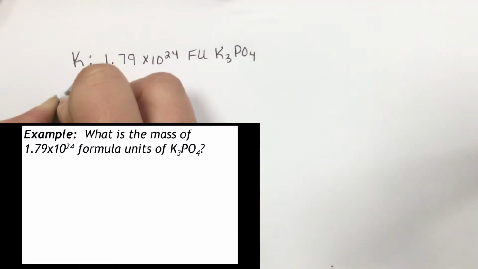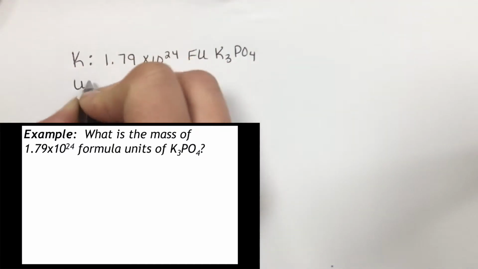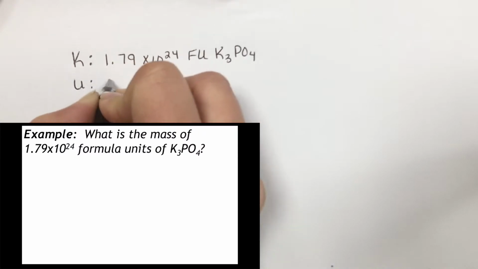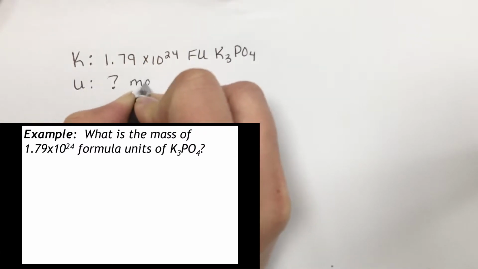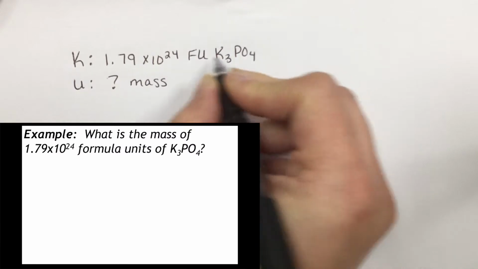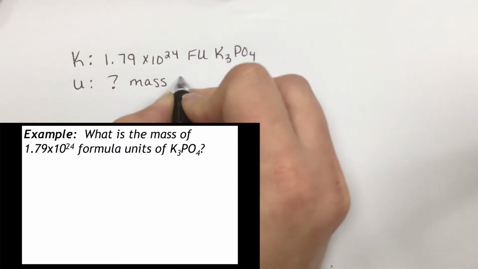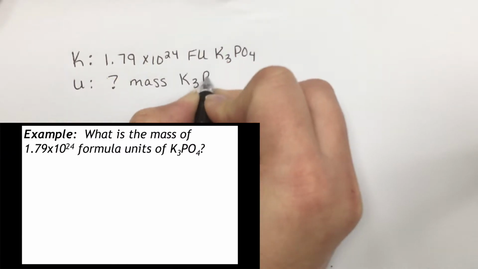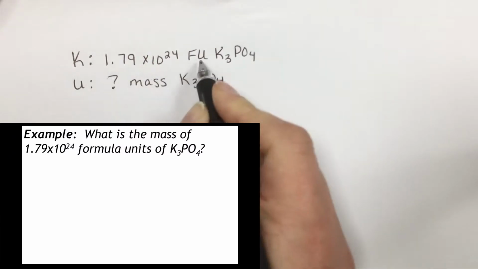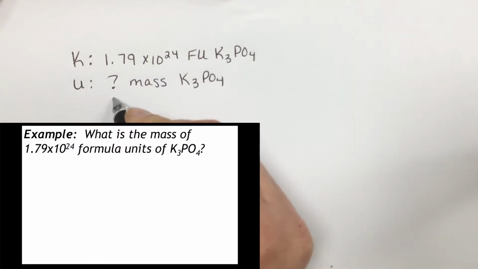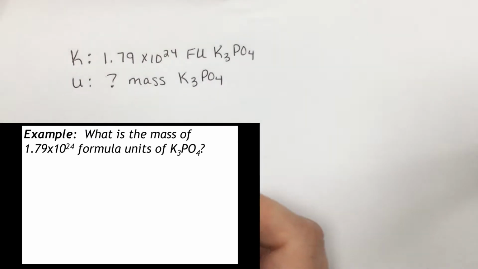Okay, and then our unknown is just what the question's asking. It's asking what is the mass of this many formula units of K3PO4. So if we have this many formula units of this, how much will it weigh is what it's asking.